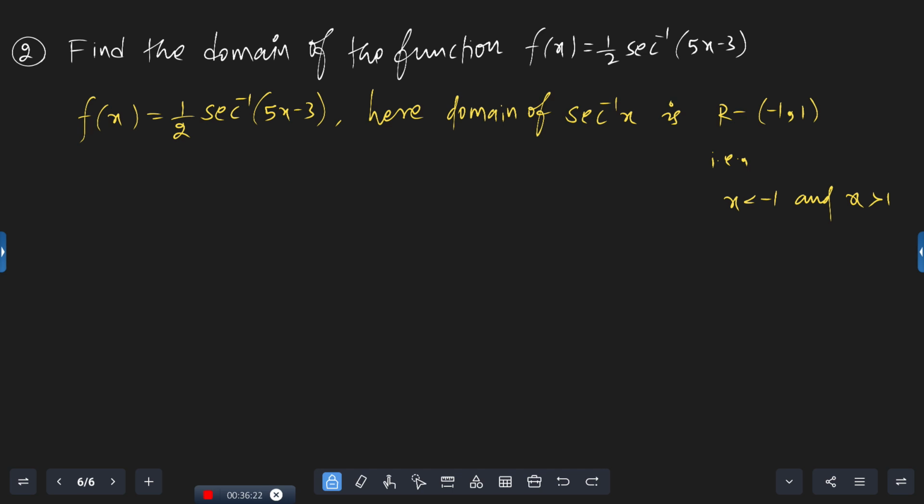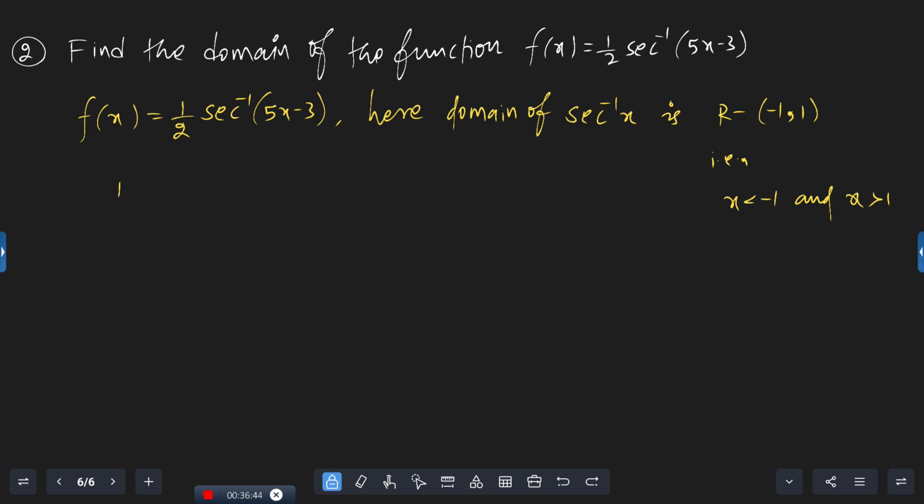Then how will you represent this one? See, children, don't consider the 1 by 2 and all. Only the variable x we have to see. So instead of x, we have to give 5x minus 3.